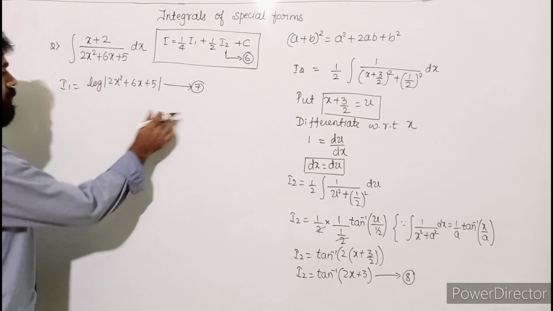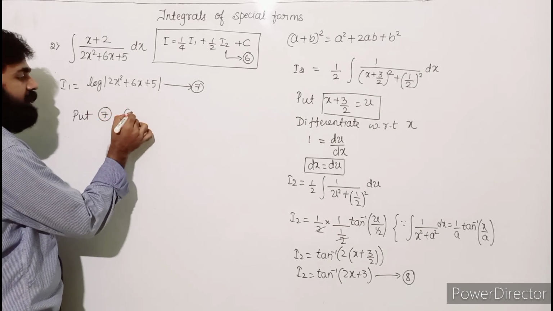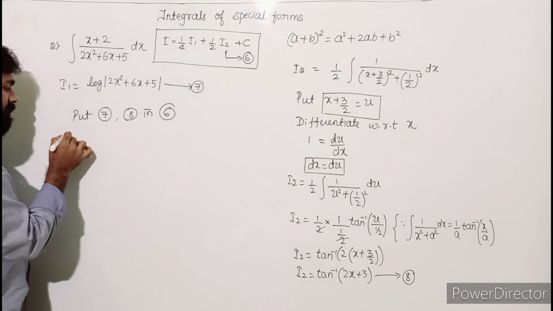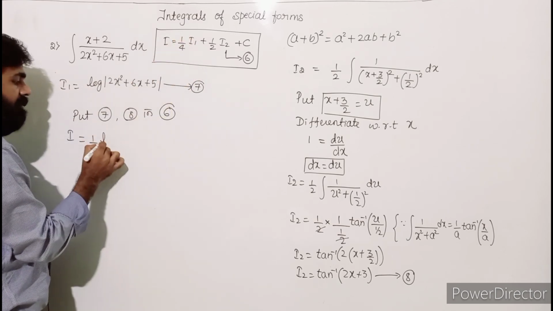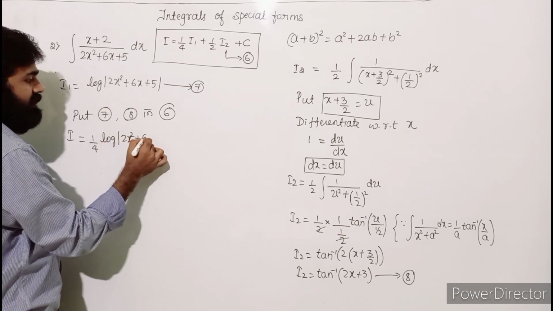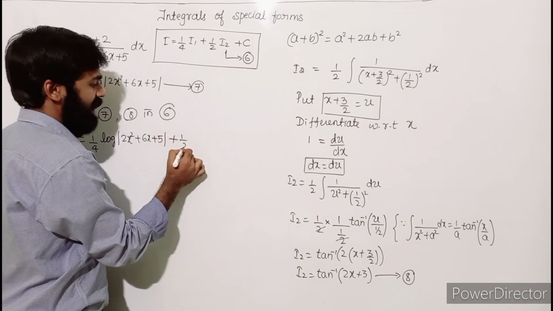Substitute or put equation 7, equation 8 in the equation 6. So I equals to 1 by 4 times I1. I1 is what? Log of mod of 2x square plus 6x plus 5 plus 1 by 2 times I2.